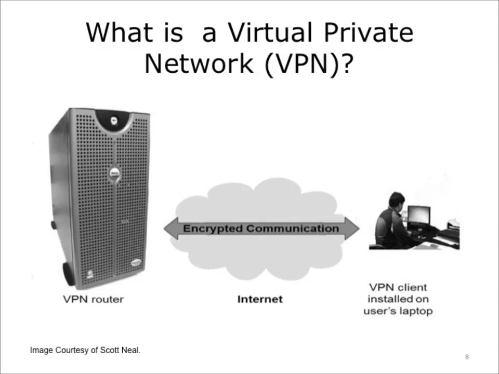Here's a graphical illustration of VPN used for transmitting data over the Internet between the VPN router and the VPN client on a user's machine. By using the Internet as a connection medium, VPN can adequately protect your data while saving the cost of long-distance phone service and hardware costs associated with using dial-up or leased-line connections.